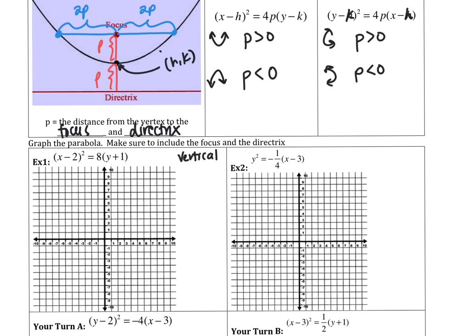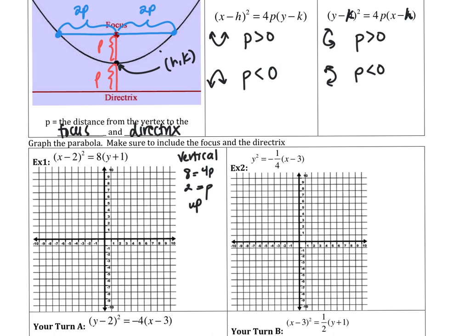All right, let's decide if it opens up or if it opens down. So I notice that this value is 8, and I know that the form of my equation tells me this is equal to 4p. So I know 8 is equal to 4p. Therefore, p is equal to 2. Since p is greater than 0, I know the parabola opens up.